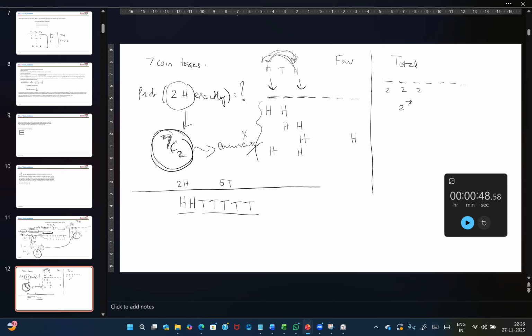Five tails. But can I say that these two heads are the same only, and these five tails are the same? So there's repetition. In total there are seven places, but two items are repeating, and five items which are tails are repeating. So you have to divide total factorial, 7 factorial, by 2 factorial, 5 factorial, because these five are the same only.